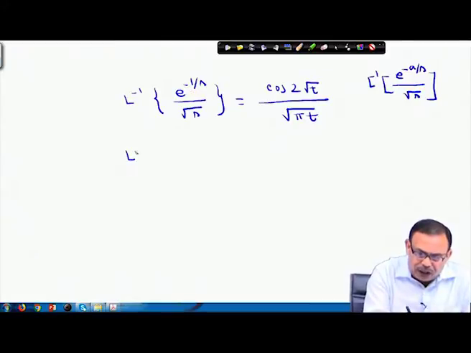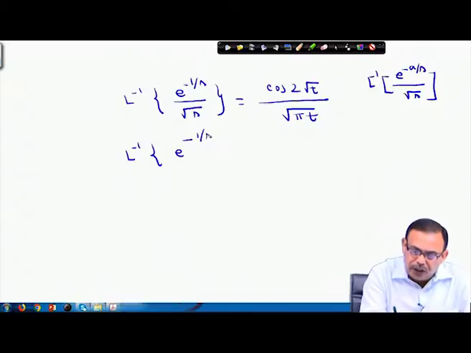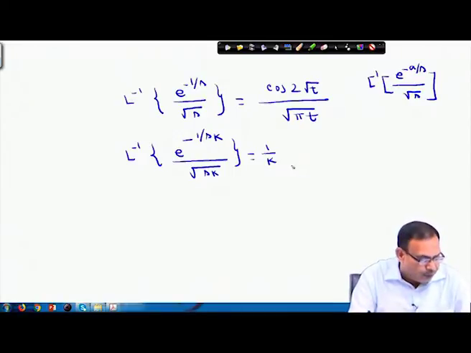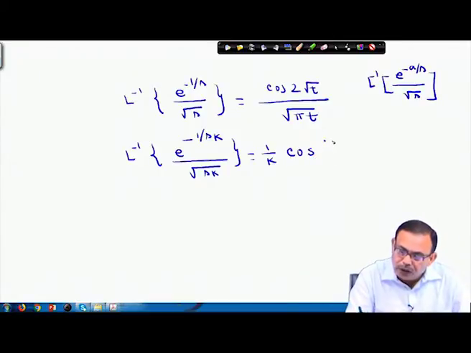So, from here what I can write down, Laplace inverse of e power minus 1 by s k, that is, if s is replaced by s k, root over s k. In this case, what will happen? 1 by k will come over here from the property again into cos of, in the numerator there will be root over t by k, divided by root over pi into t by k.